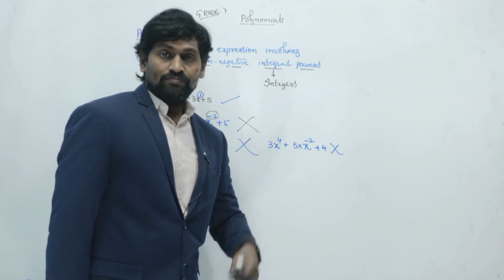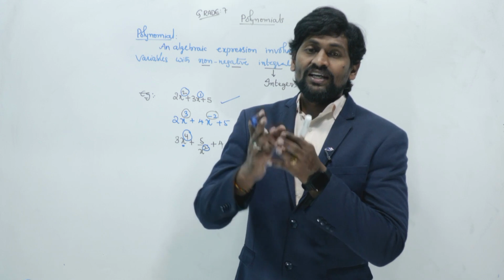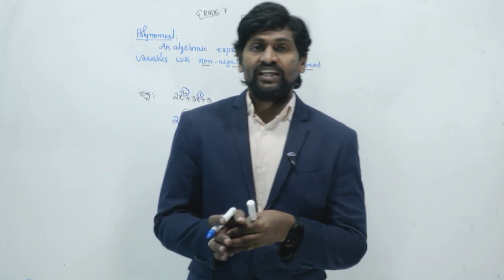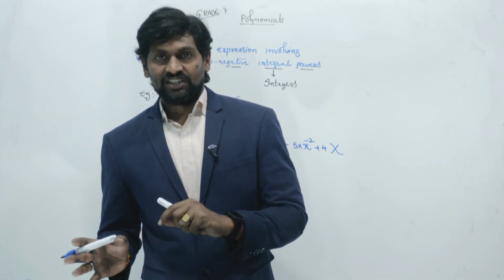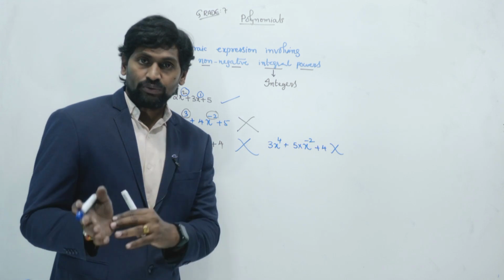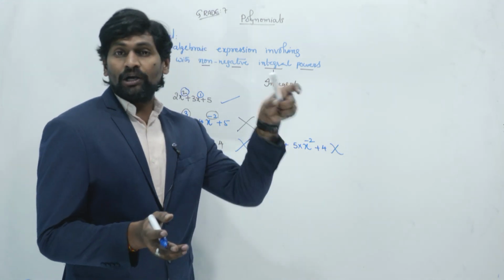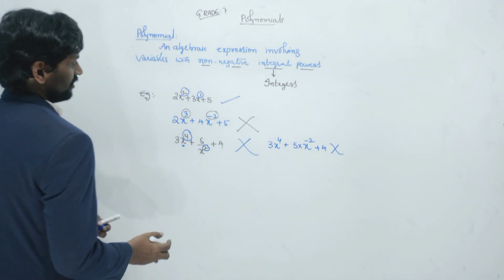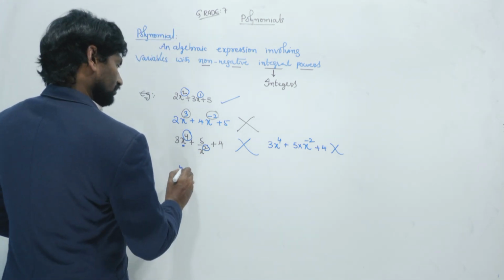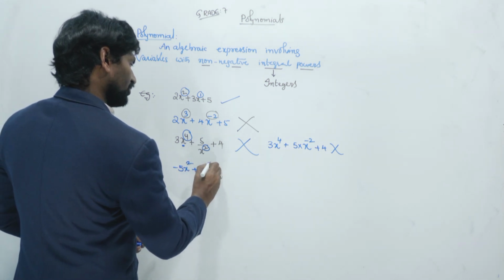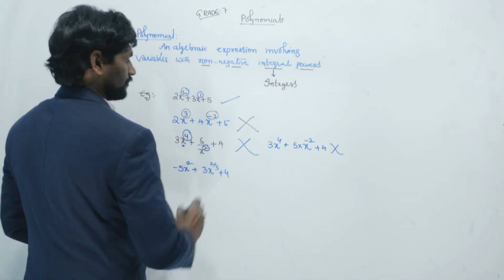Clear? So mainly we have to focus on the exponent or power of a variable, which should be only a non-negative integer. It should not be negative, and the variable should not be present in the denominator. Let me take one more case: minus 5x square plus 3 into x power 2 by 3 plus 4.